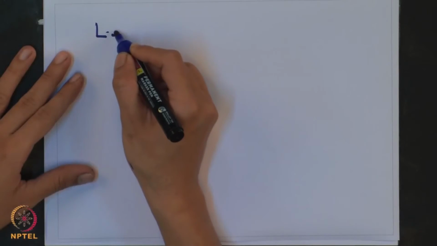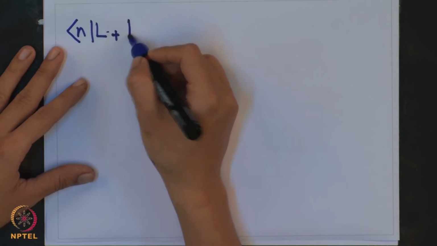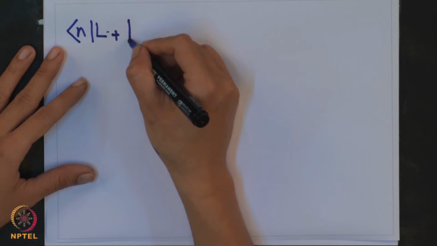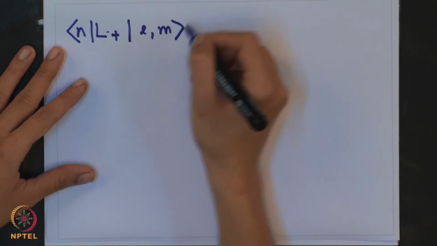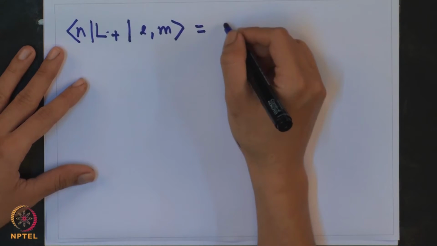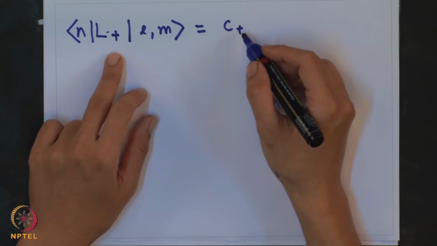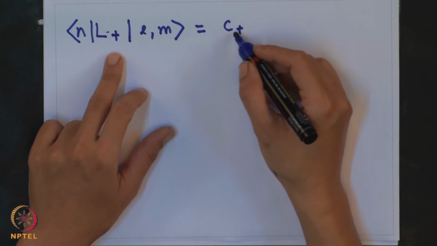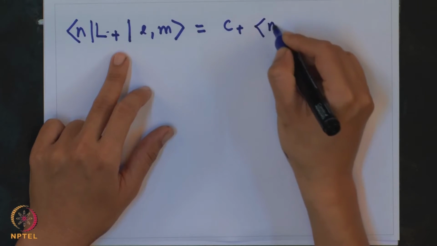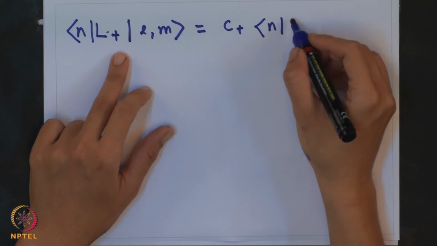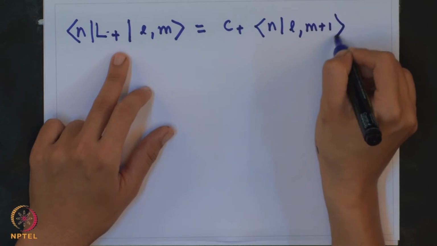So we use these two. L plus on psi L M would give us C plus, a coefficient for L plus, times psi L M plus 1.